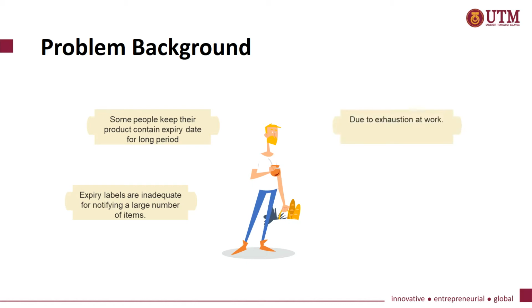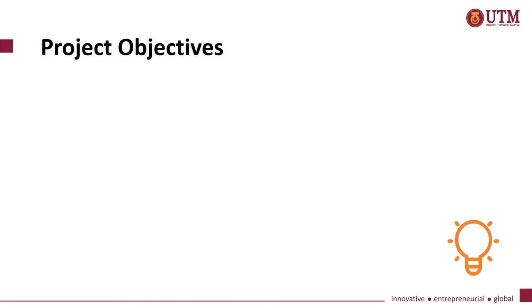Also, because of exhaustion at the workplace, they might not use all of the items at the particular times. And the last one, certain people are attracted to purchase a huge quantity of food and beverages in the supermarket.